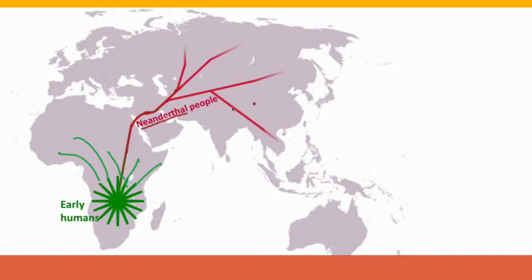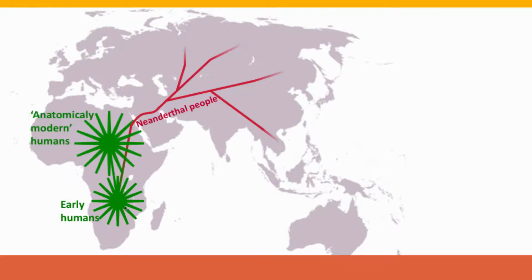At the same time that the Neanderthals were colonizing this new land, evolution was continuing in Africa. In particular, the early humans were gradually replaced by what we call anatomically modern humans, people whose facial features and skull structures are much more like ours.